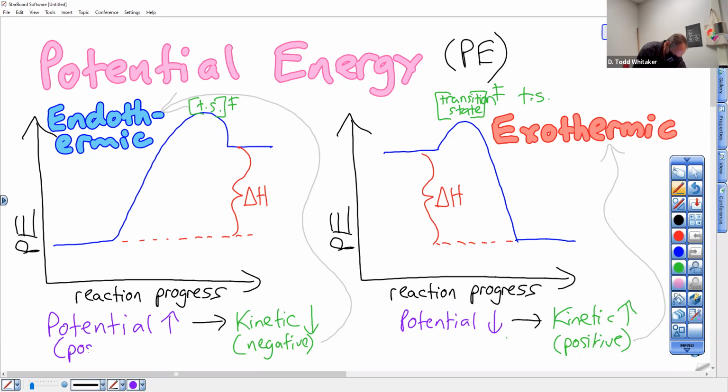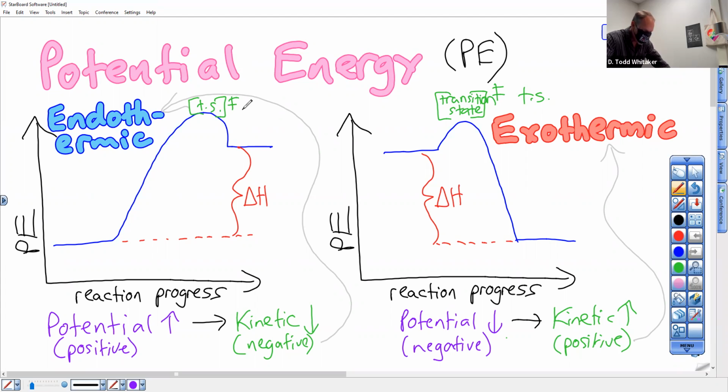I think you're confused because I didn't make this clear. The endothermic diagram has potential going up, and the exothermic diagram has potential going down. Negative. And the kinetics negative and kinetics positive because they have to go in opposite directions.